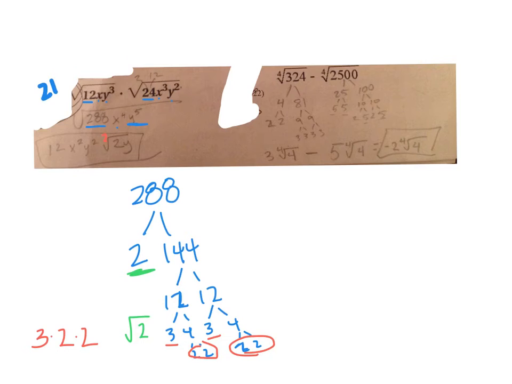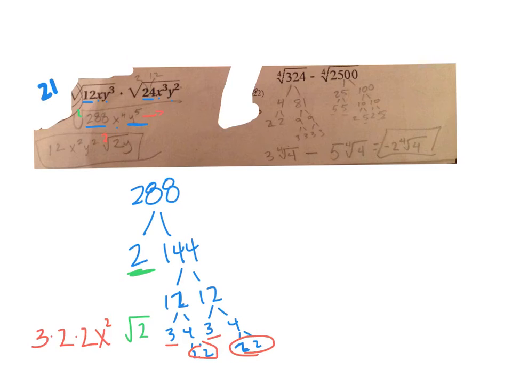So then again, with the exponents on the variables, we have x to the fourth. It's the square root of x to the fourth. It's just x squared on the outside, because x squared times x squared equals x to the fourth. And then y to the fifth.